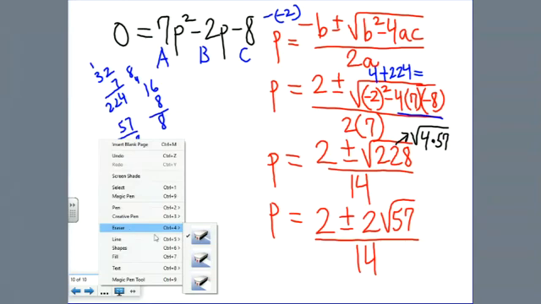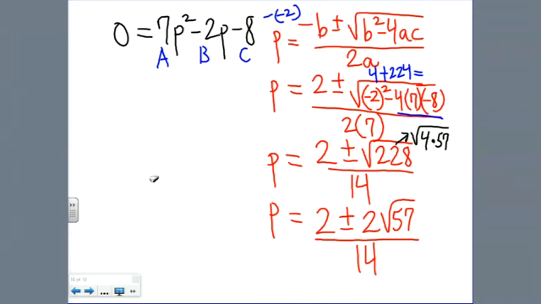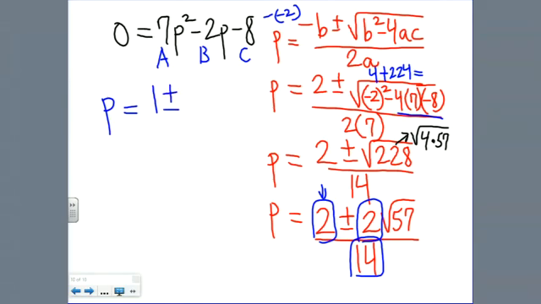Now, one last step, we need to simplify our fraction. All 3 of our regular numbers are divisible by 2. So 2 divided by 2 will give us a positive 1 in front. Plus minus. 2 divided by 2 will give us a 1. But you don't have to put it there.